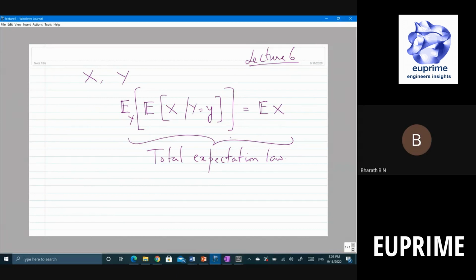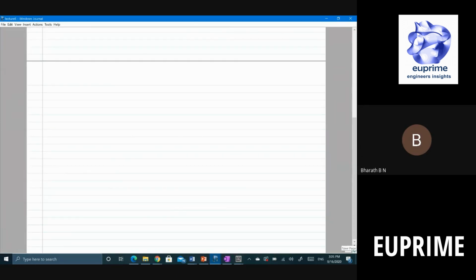Let's look at the validity of this now. When is it valid? For example, let's say you have a random variable y. This random variable takes any integer y greater than or equal to 1 with probability p_y of y equal to 2 to the minus y, for all y greater than or equal to 1.